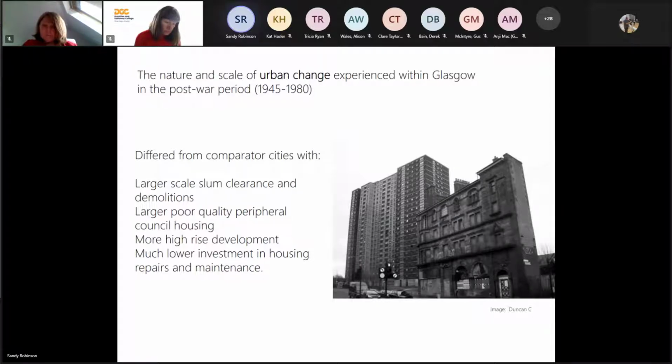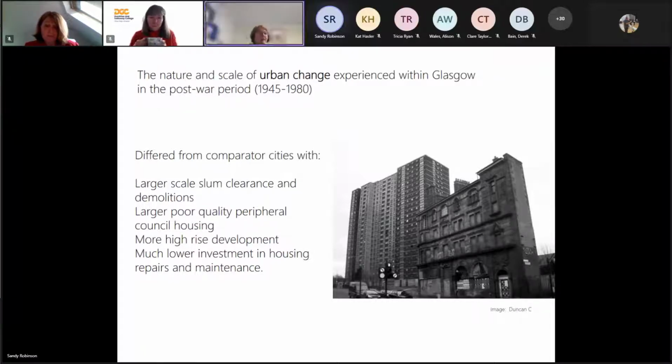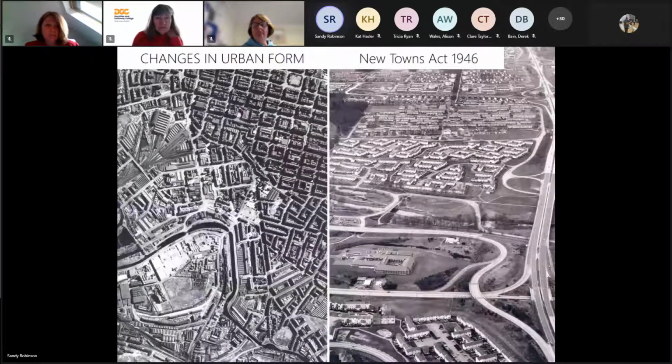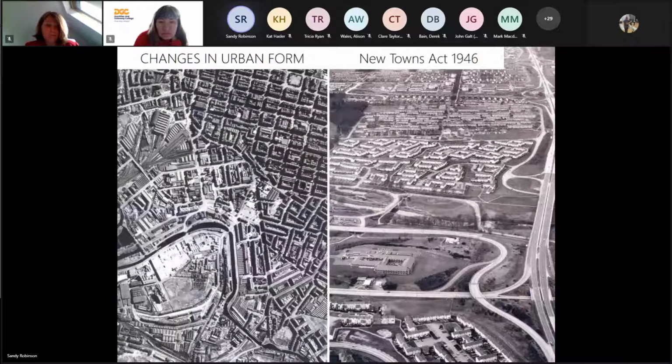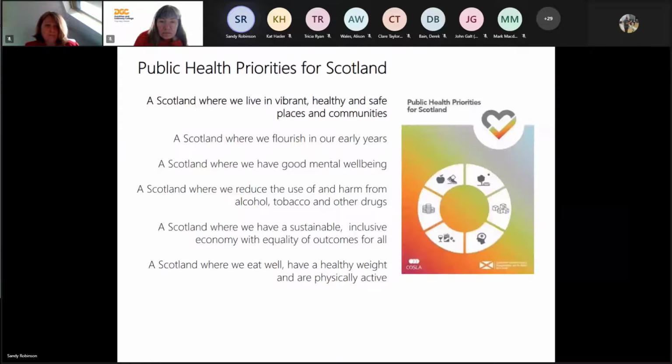And poor quality areas had a big impact on people's ability to thrive, and the imbalance in investment was significant too. So you can see changes in urban form about how places used to be planned and the types of changes that took place in post-war planning, and they led to changes in the opportunity.